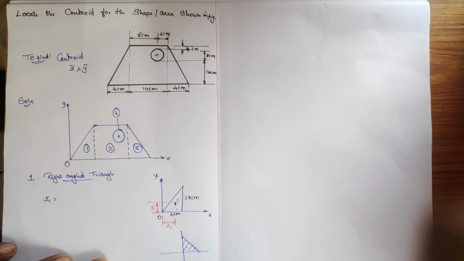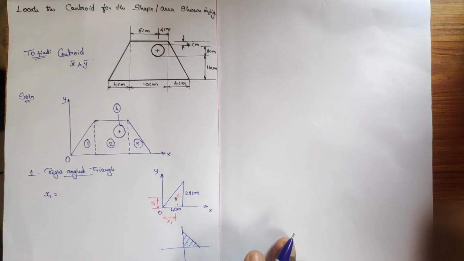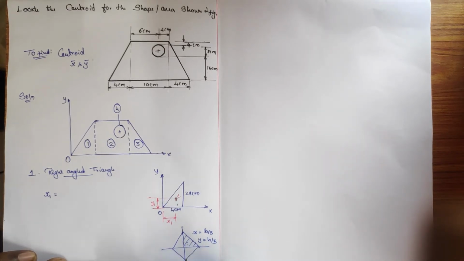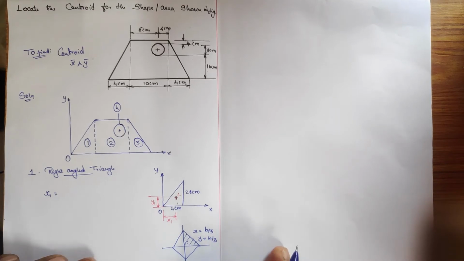No, it differs. The simple one is x equals breadth divided by 3, and y equals h divided by 3. And the second quadrant is something like this, the third something like this, and the fourth something like this. Can you see it?